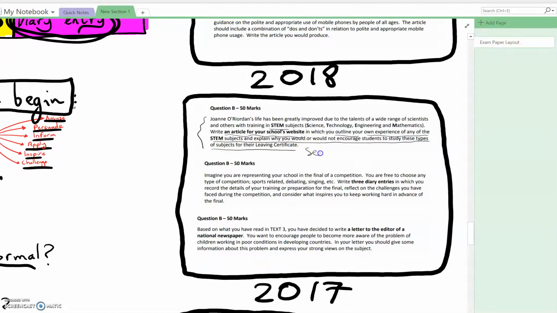Now, this is a relatively serious article. Okay, it's a serious issue. It's dealing with a serious topic. You know, people want to know what they want to do in the Leaving Cert. They want to know, should I pick physics or biology? They want an informed article. They don't want silliness. You know, and newspaper articles are not the place for silliness.